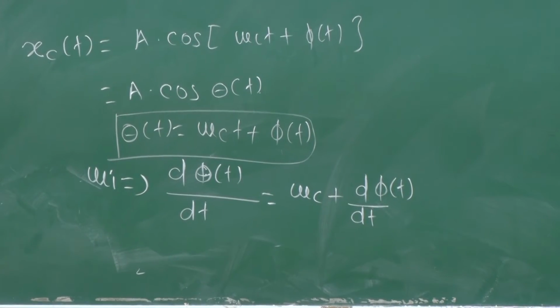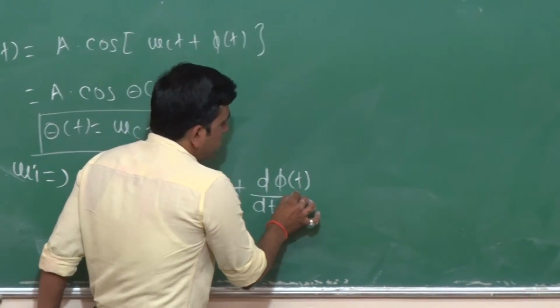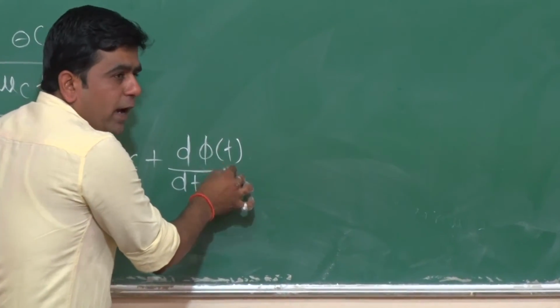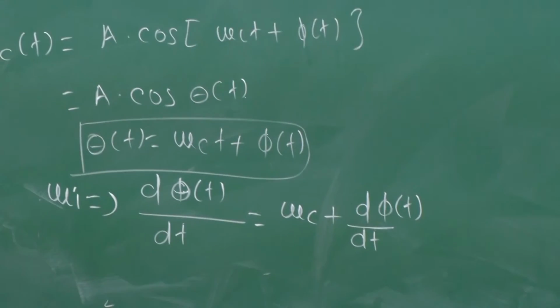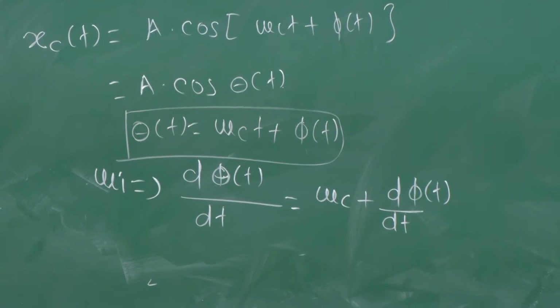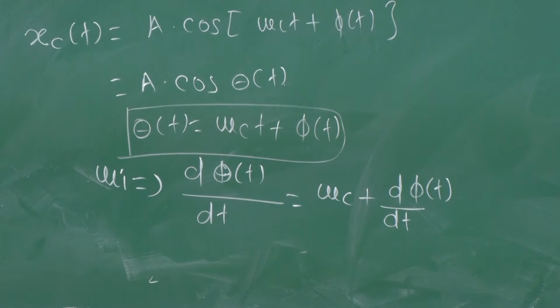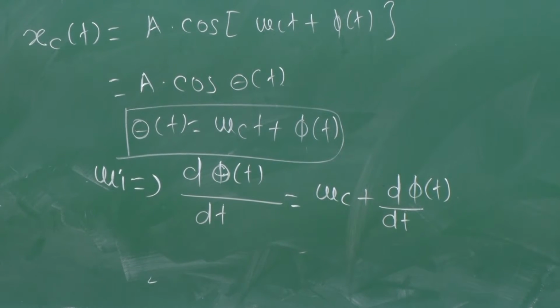Phi(t) is nothing but the instantaneous phase deviation of xc(t), and the derivative of phi(t), write down next, the derivative of phi(t) is nothing but the instantaneous frequency deviation of xc(t).